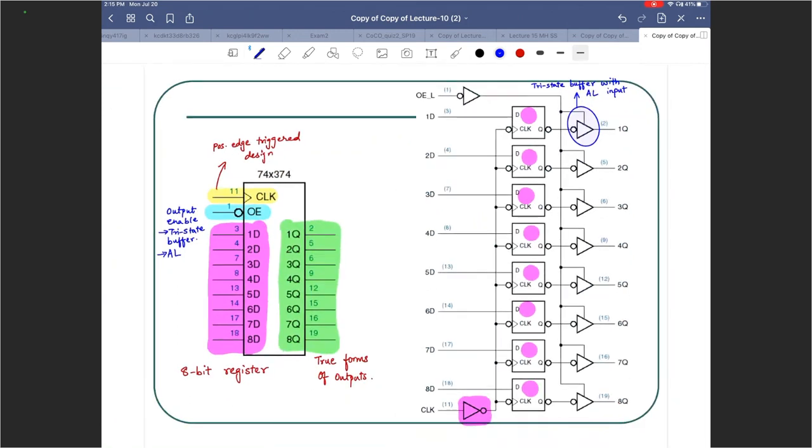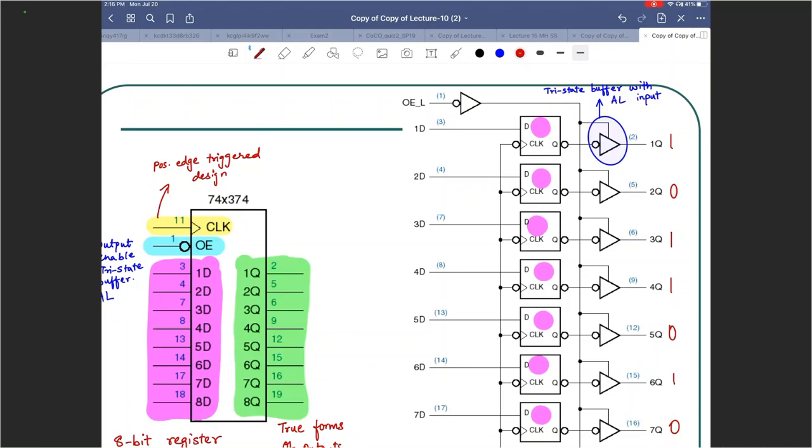Let us see. I'm going to say I want to change the contents of the register to be this: 1 0 1 1 0 1 0 1.